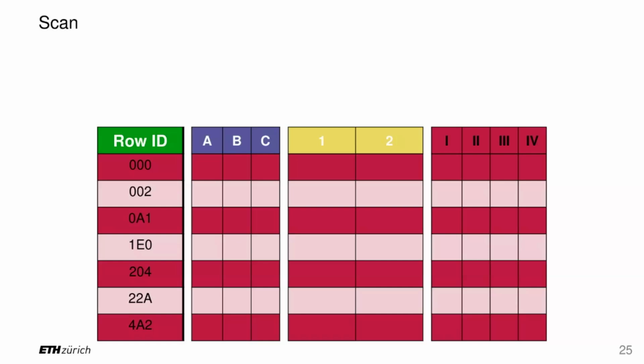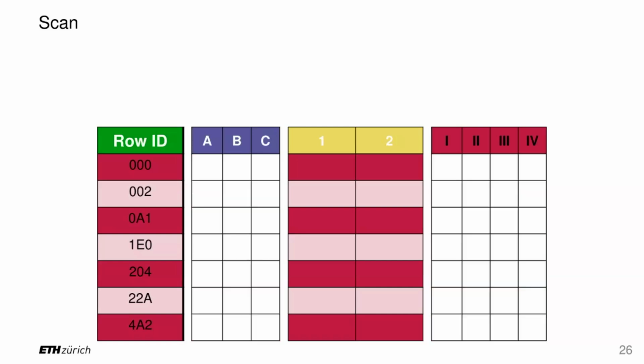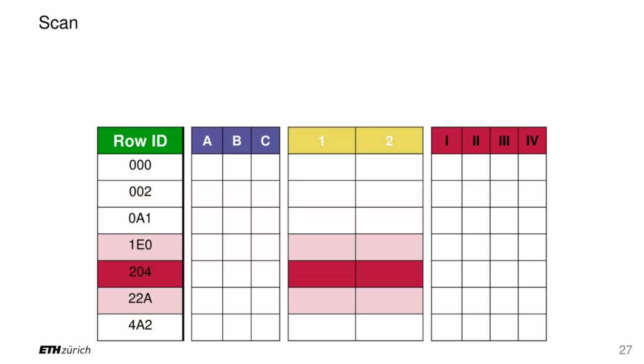But basically that gives you a way, you receive the data and you can iterate through all of that to process that data. So this is a scan. You can also say, I want to scan between 000 and 4A2 only the yellow family, or you can say, I only want to scan between 1E0 and 22A, the yellow column family, right? So this is the scan. Okay.